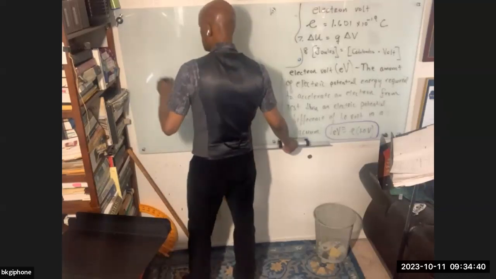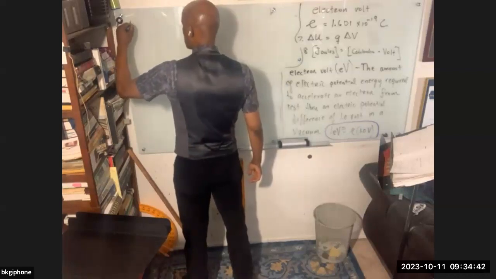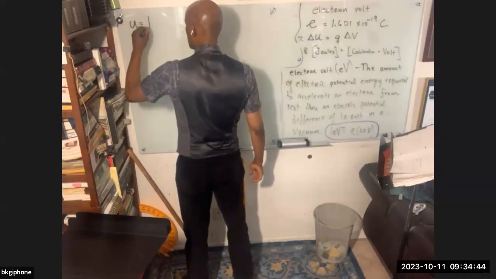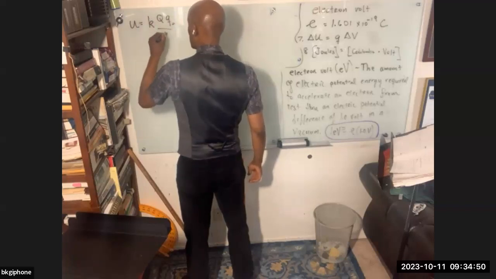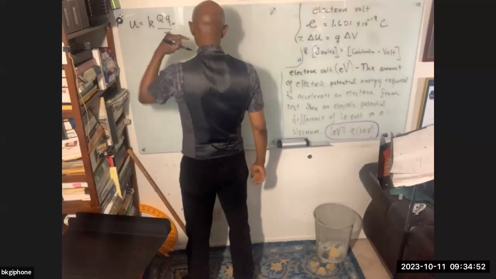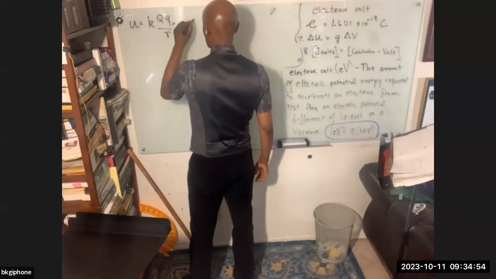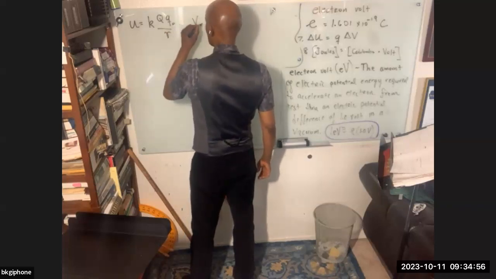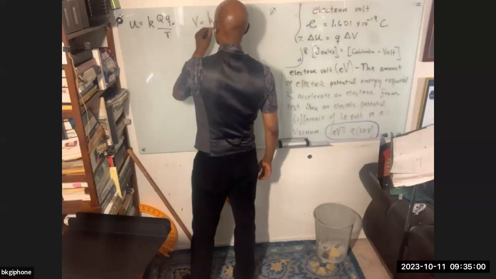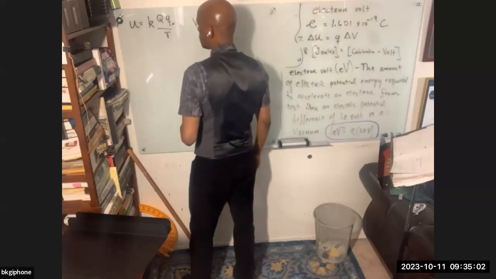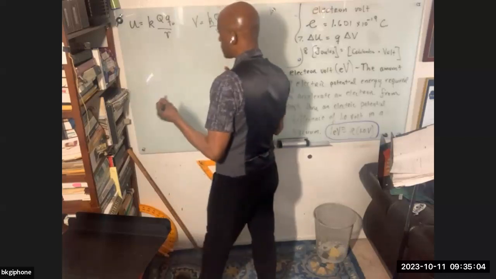So these are all definitions. We define the electric potential energy between two charges as K Q naught over R. But then using the general definition of potential energy, the potential for that was equal to K Q over R. We can do that for a system of charges.